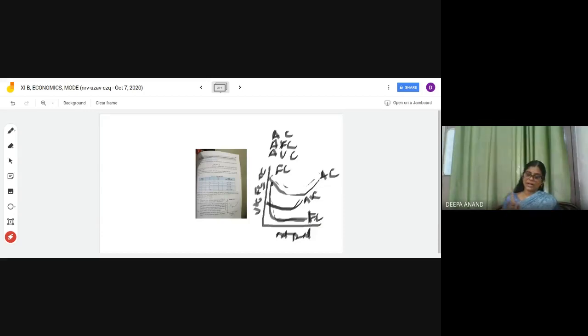Average variable cost and average fixed cost, the summation of both is average cost, that is the average of total cost. That's why it always lies at the top position, above both. What are the both? The AFC curve and the AVC curve. Is that point clear?